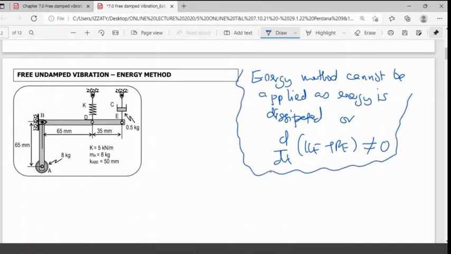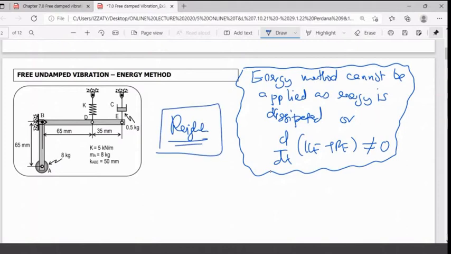It is different when you are talking about oscillating, where we assume that the energy will be constant if you use the Rayleigh method, which is not part of your syllabus at the moment. You will cover that in your two degree of freedom.